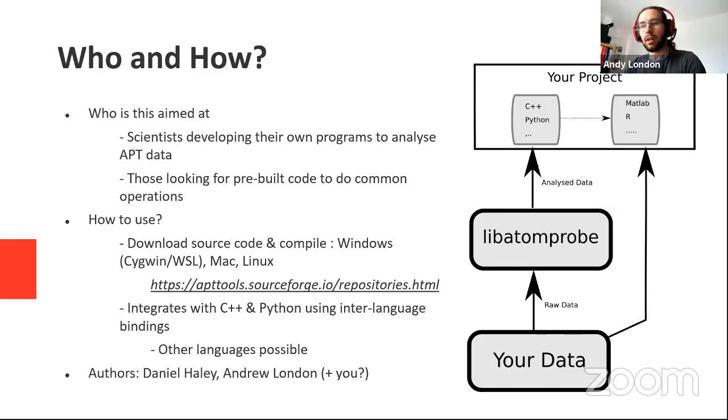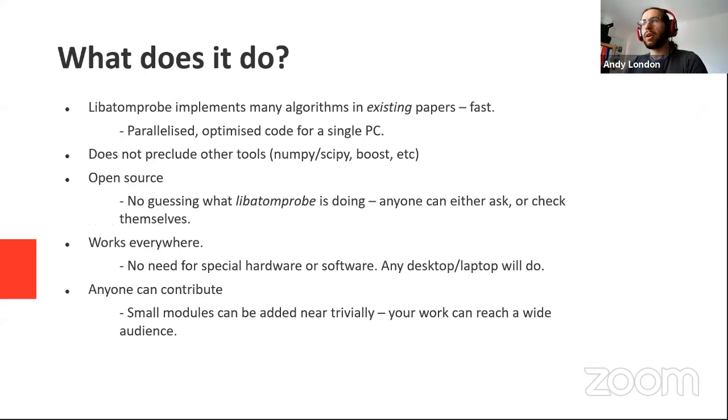Currently, this is mainly Dan Haley's work, also mine, but we're looking for anyone who wants to contribute, and we'd really like to try and make this a part of a lot more general purpose AtomProbe software as broadly as possible. So it implements a lot of existing algorithms, like I said, parallelized and optimized code.